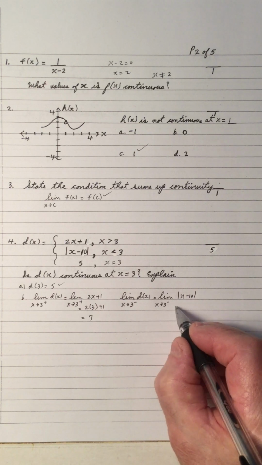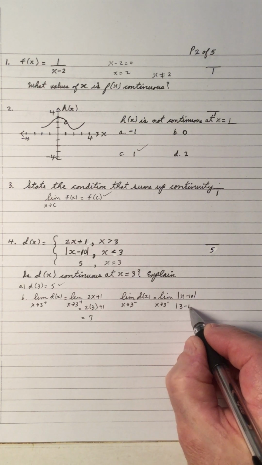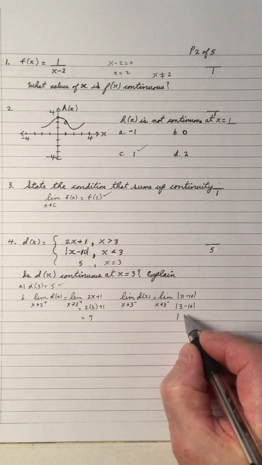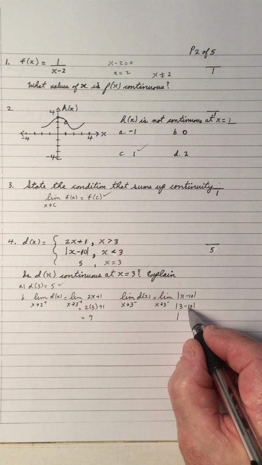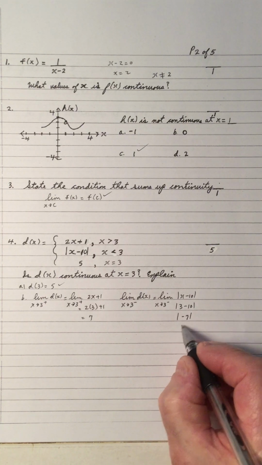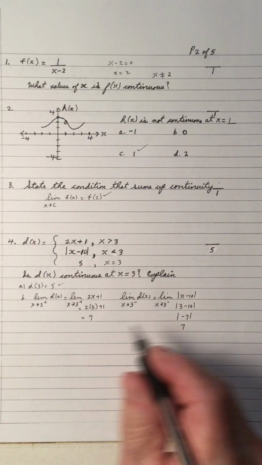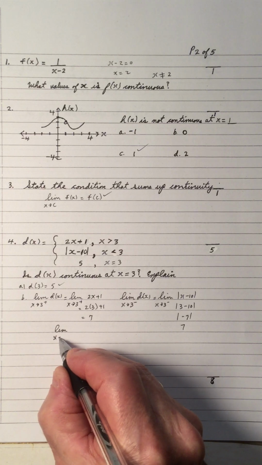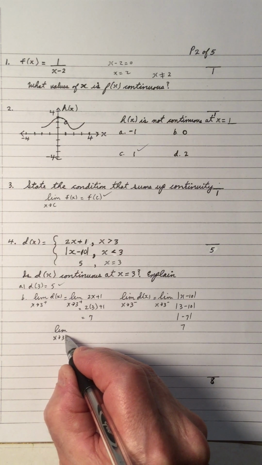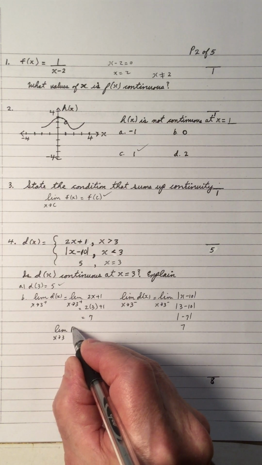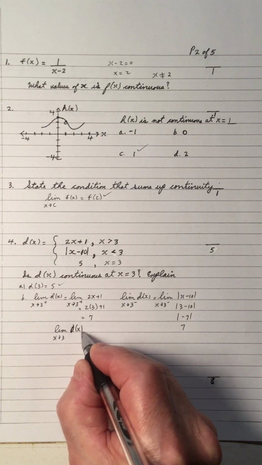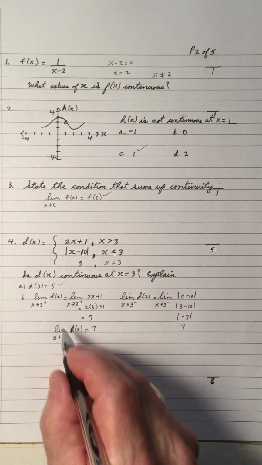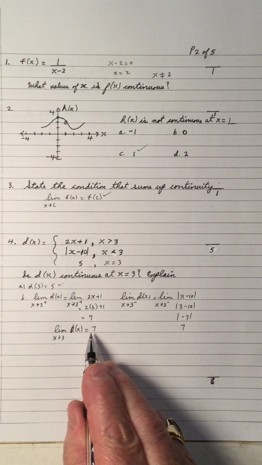So x is 3, and we put a 3 in. The absolute value of 3 minus 10 is the absolute value of -7, which is 7. So the limit on the left is equal to the limit on the right. So that condition is true.